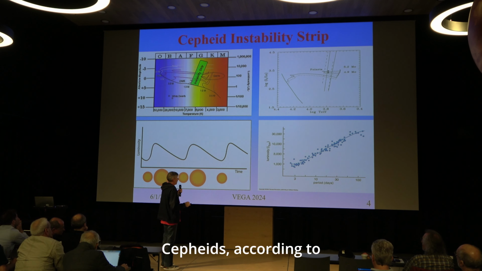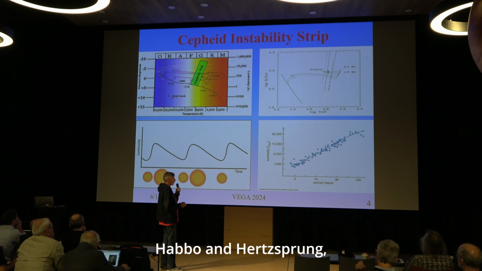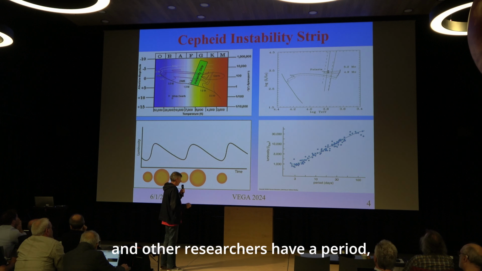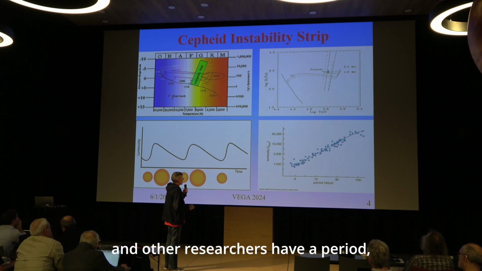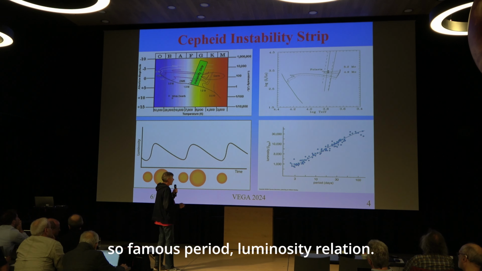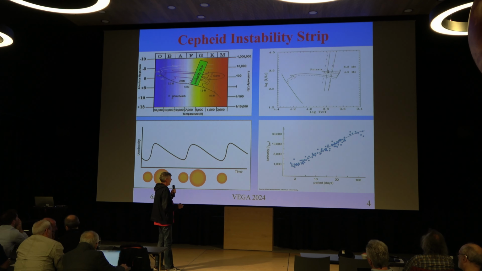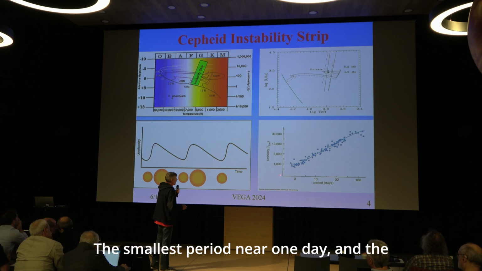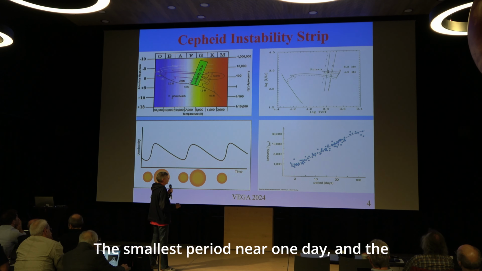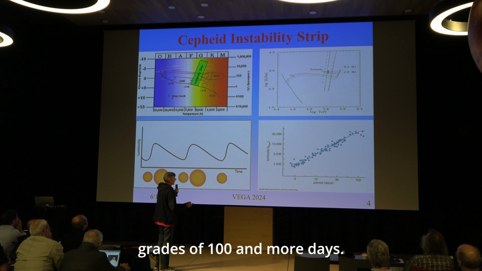Cepheids, according to Hubble, Hertzsprung and other researchers, obey the famous period-luminosity relation. The smallest period is near 1 day and the greatest is 100 and more days.